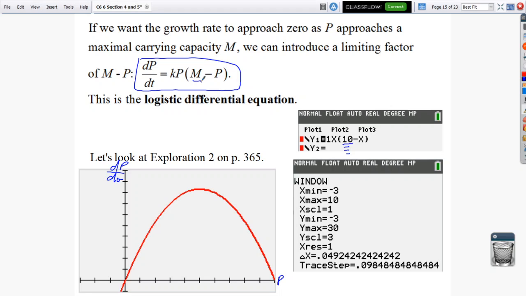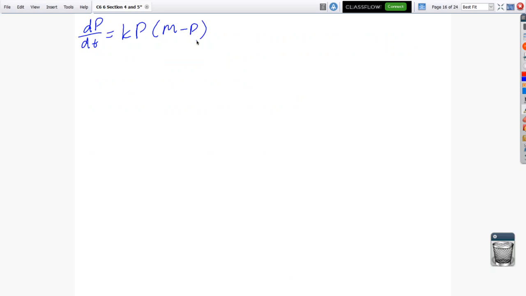And the reason why this works out, by the way, again, what I'm looking at here, the answer to number 1 is at p equals 0 and p equals m. I'm again looking for where is my population growth equal to 0. If I look at the differential equation, if I plug in 0 for p, we're answering again number 1.